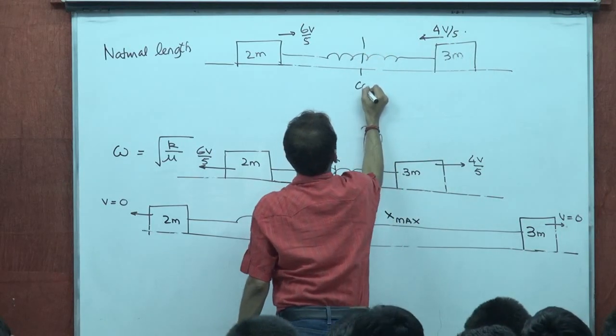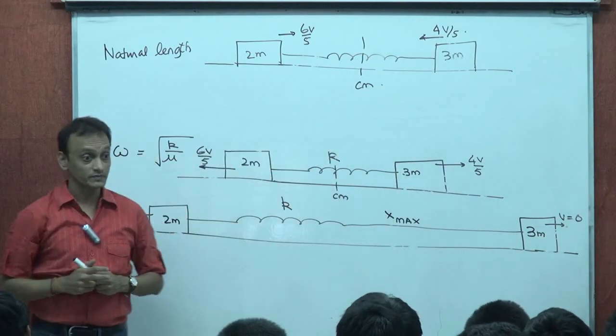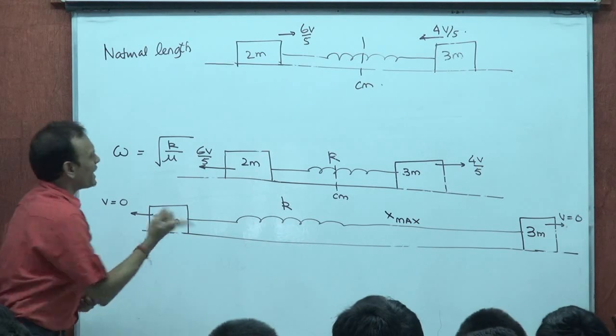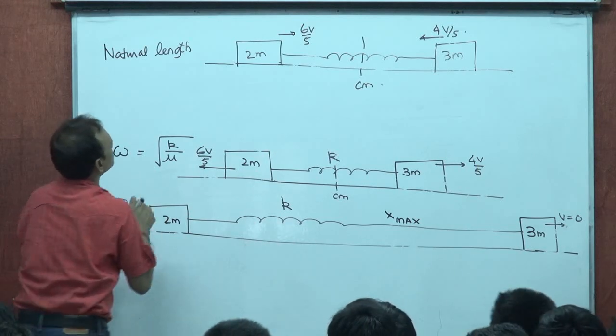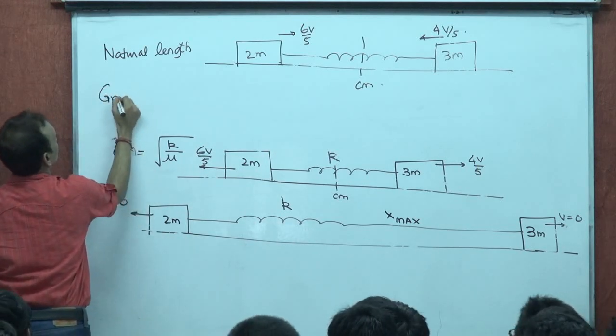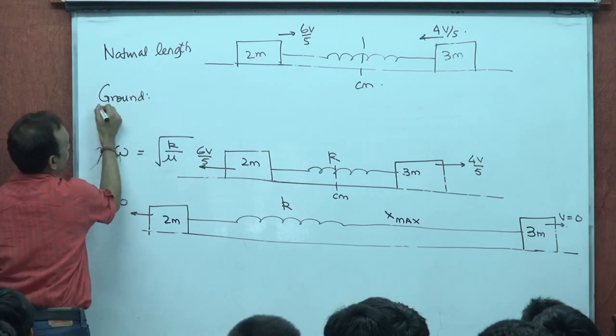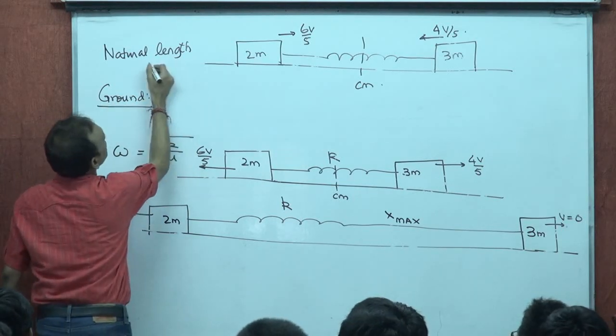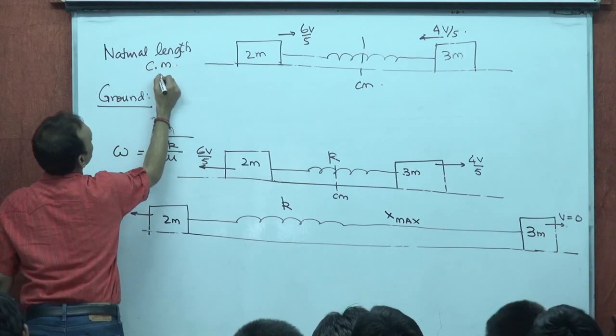As seen by the center of mass, yes or no? But as seen by a ground observer. So this is the center of mass observer.